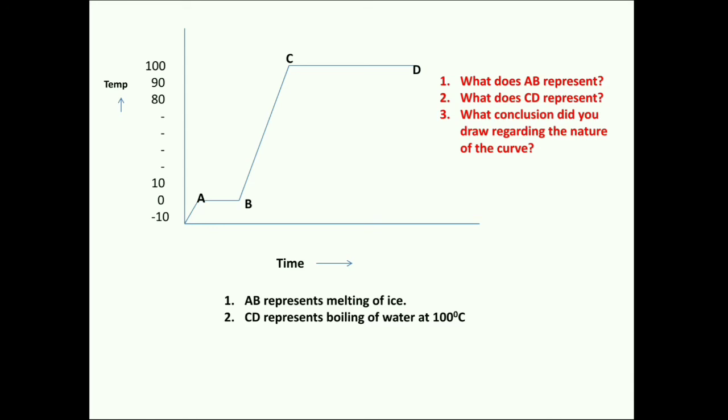By the time water reaches C, it starts boiling at 100 degrees Celsius, and from C the temperature remains constant at 100 degrees Celsius, because the water is boiling at this point. I hope you have understood till now.